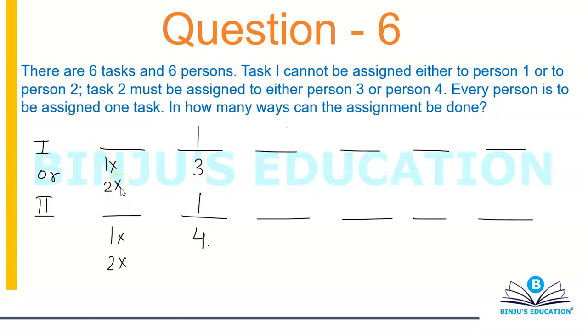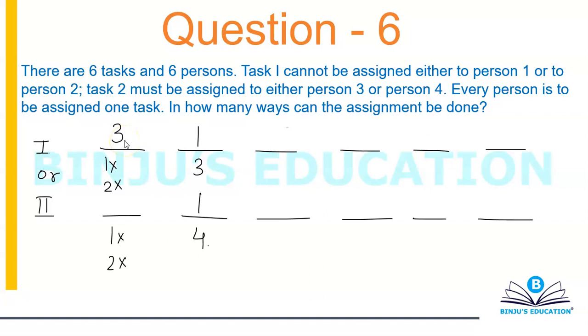Now if I talk about the first case, I can only have person 3 for task 2, and 1 and 2 cannot do task number 1 in case number 1. So 3 is gone, 1 and 2 cannot do, that means I have only 3 possibilities, that is 4, 5 and 6.